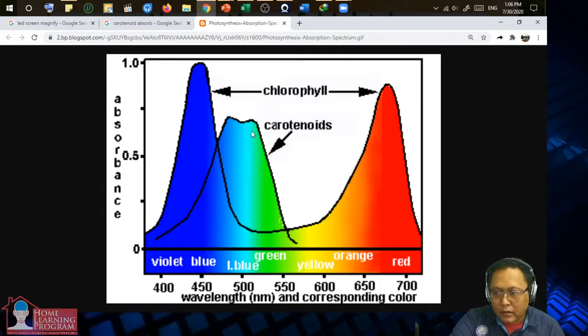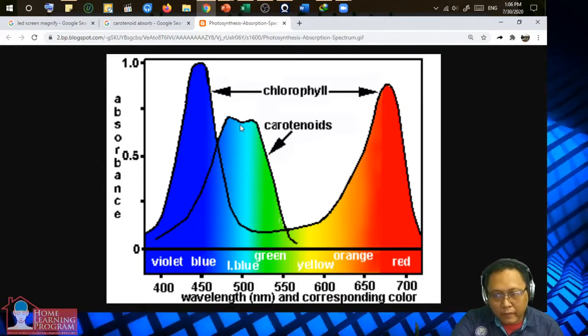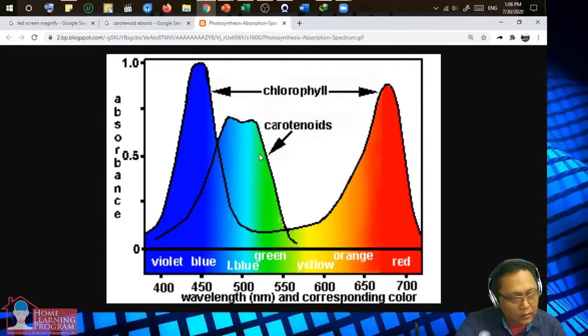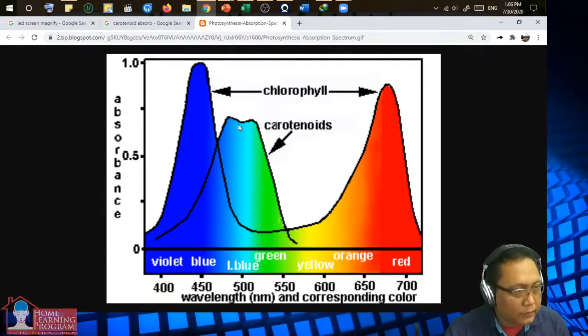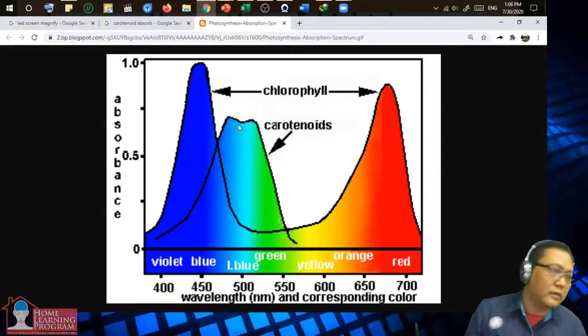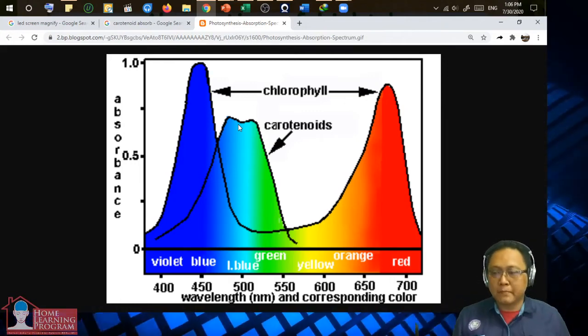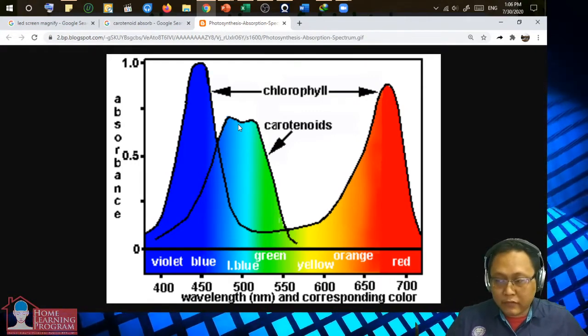Now, by looking at this graph, can you tell me what color is best absorbed by carotenoids, Michael? You can see the graph, right, Mike?